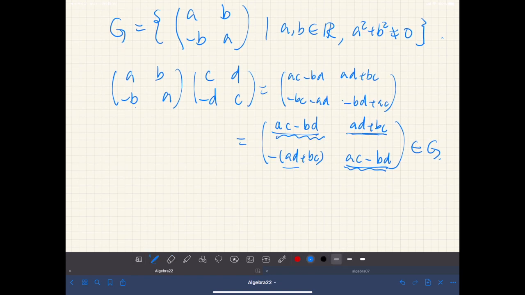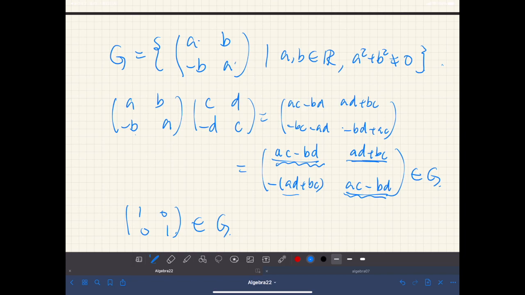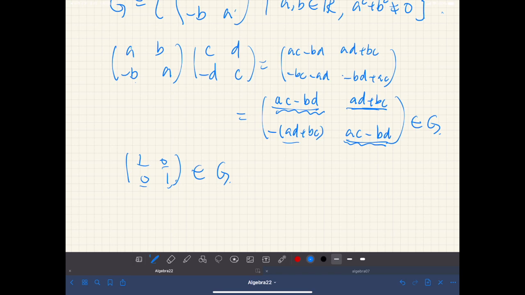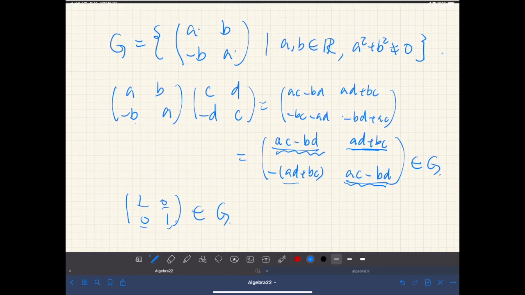And obviously the identity element is 1, 0, 0, 1, and this belongs to G because this and this are the same, and these are 0, so the negative sign doesn't matter.